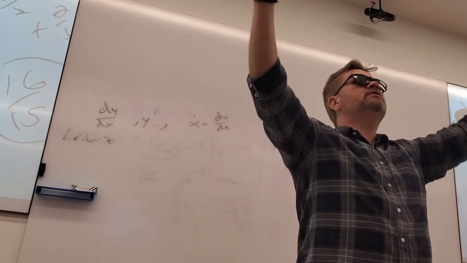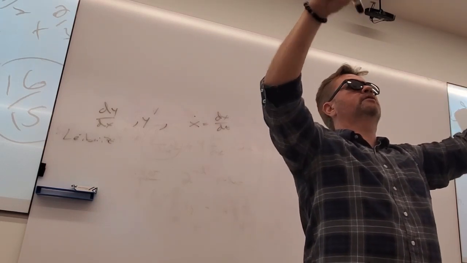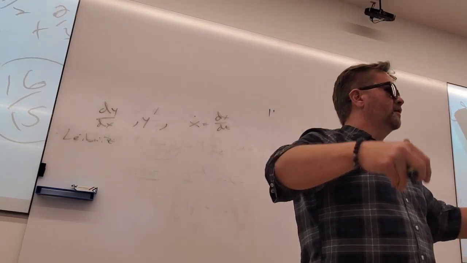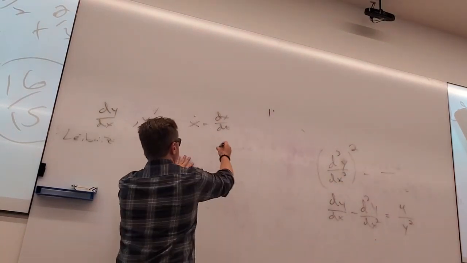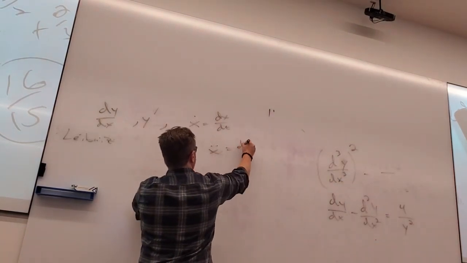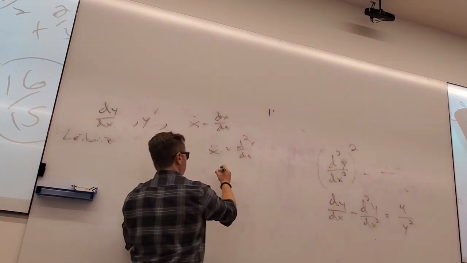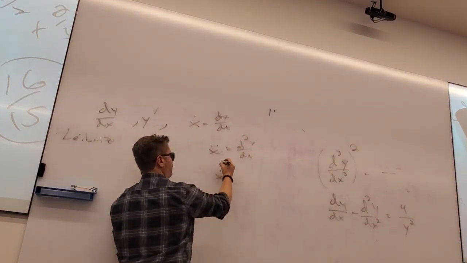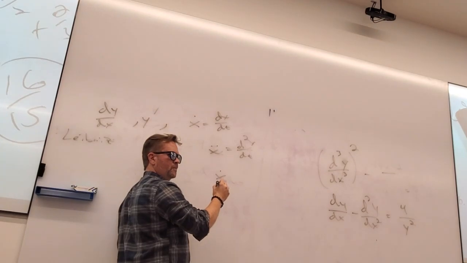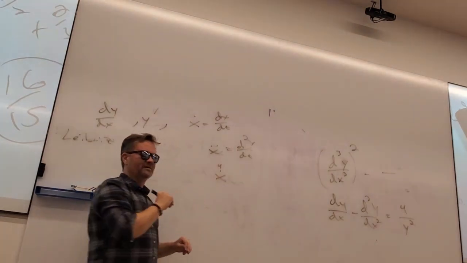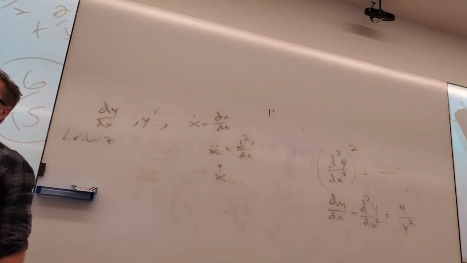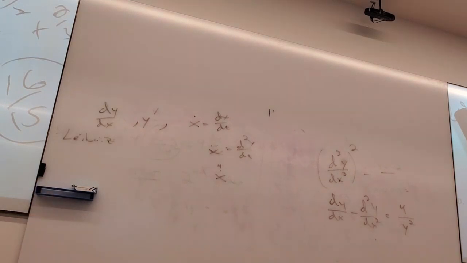So his notation was almost always about derivative with respect to time. He put a little dot for dx/dt, a little double dot would be d squared x/dt squared. And the really funny thing is, if I wanted the fourth derivative, he would do a 4 with a little dot. So we're like, good try, dude.